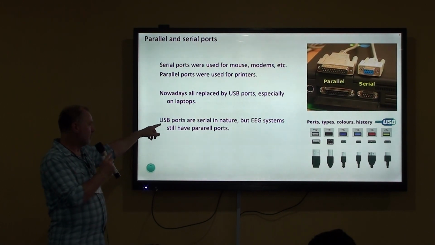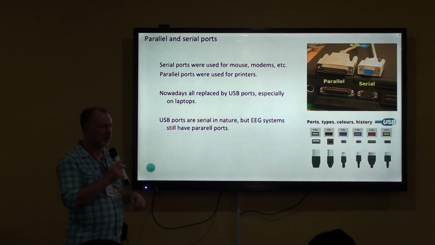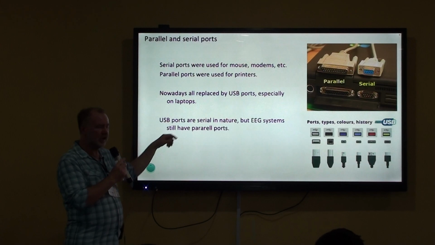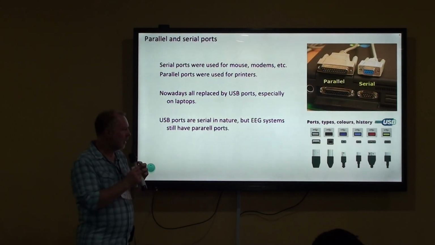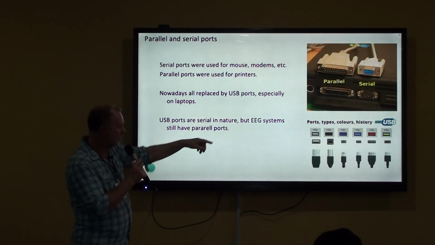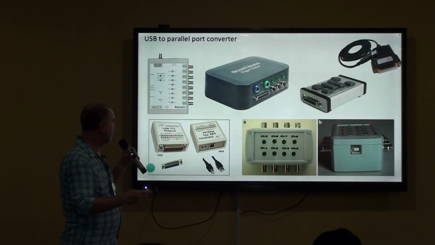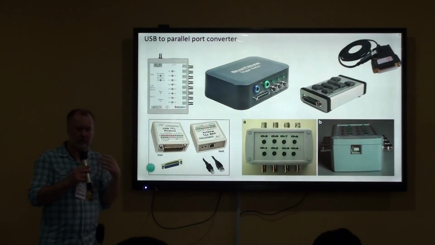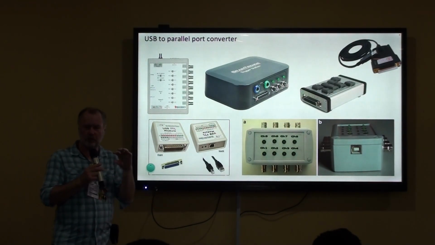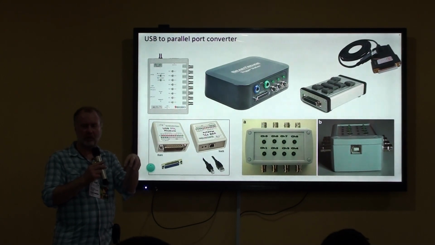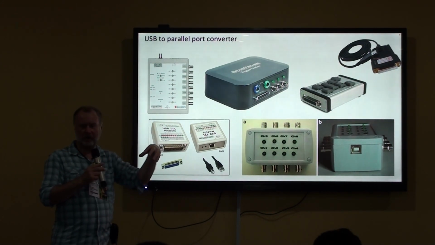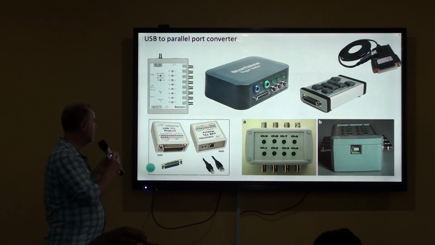So USB ports are serial in nature, but the EEG systems still have parallel ports. So you just see some port types. And that is why we're using these boxes, as already shown, to translate from the serial communication of the computer to the parallel communication that the EEG system expects.